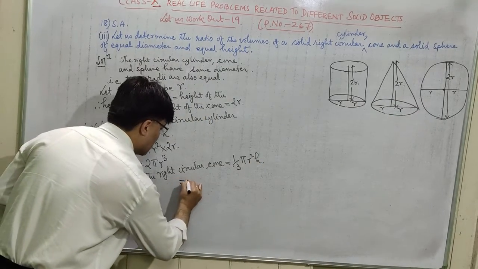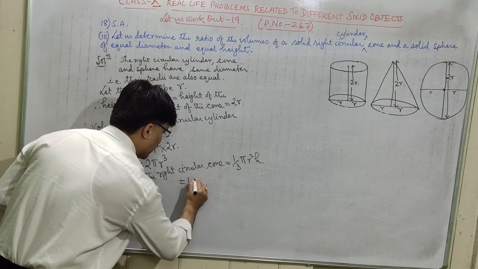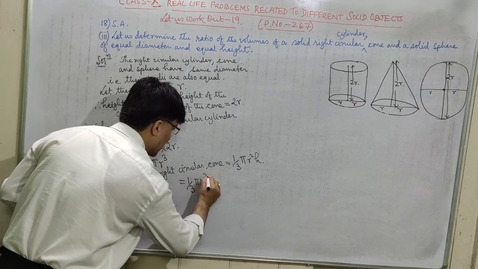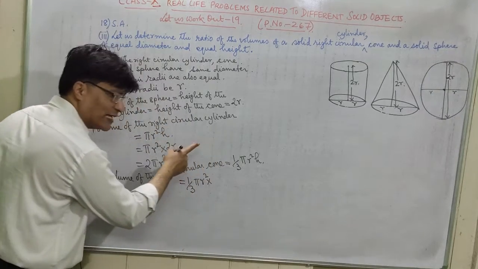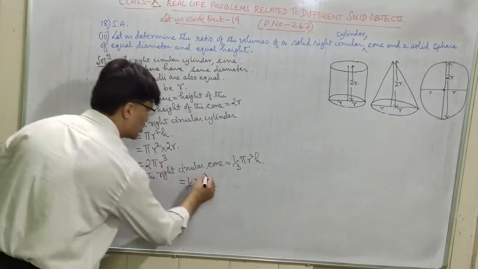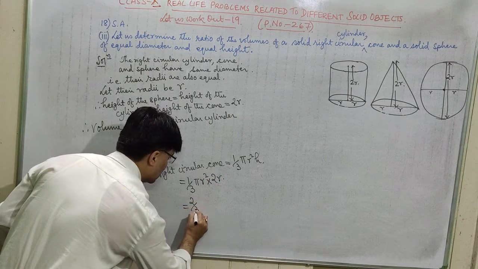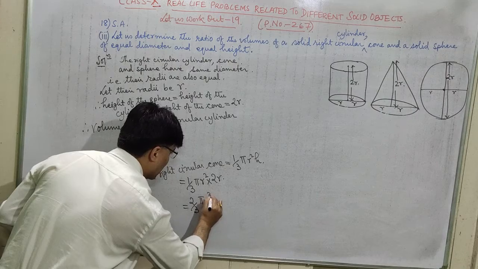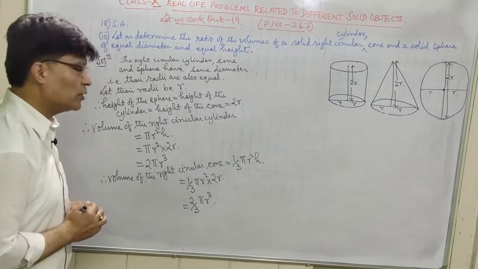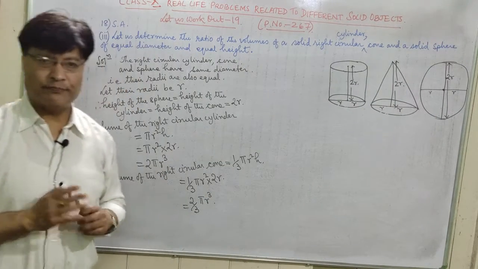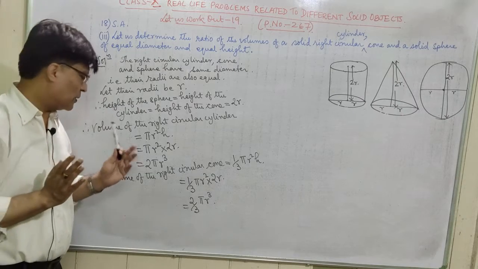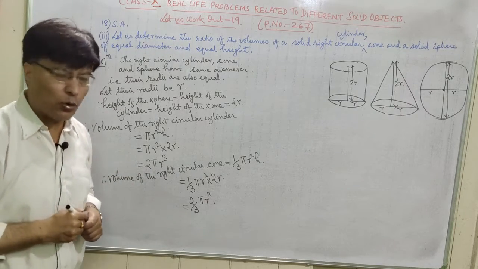So it is equal to 1/3 pi, r square, into h, which is also 2r. So this is 2/3 pi r cube. So I think you have understood it. This is the volume of the right circular cone.